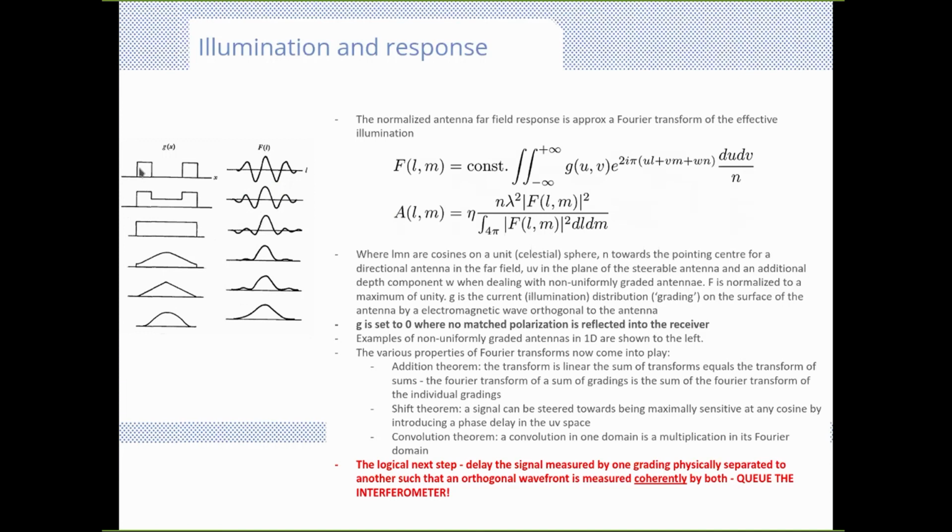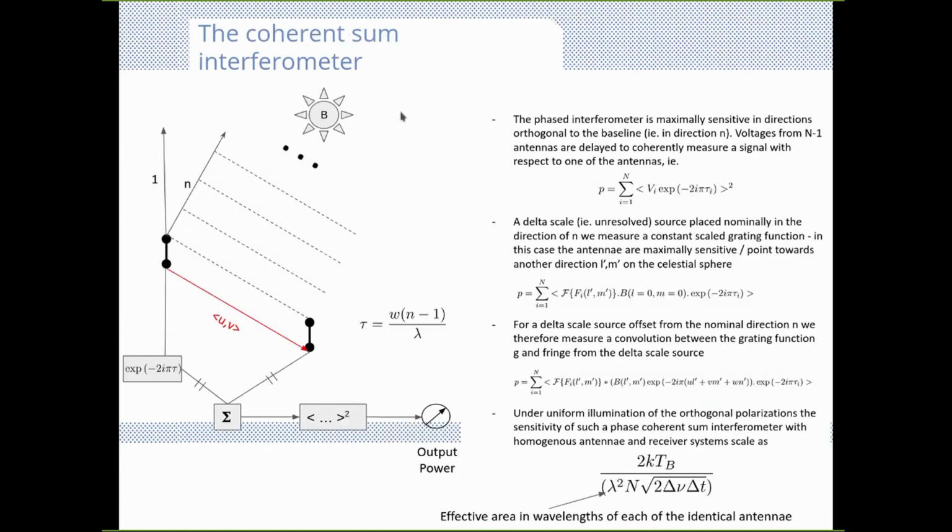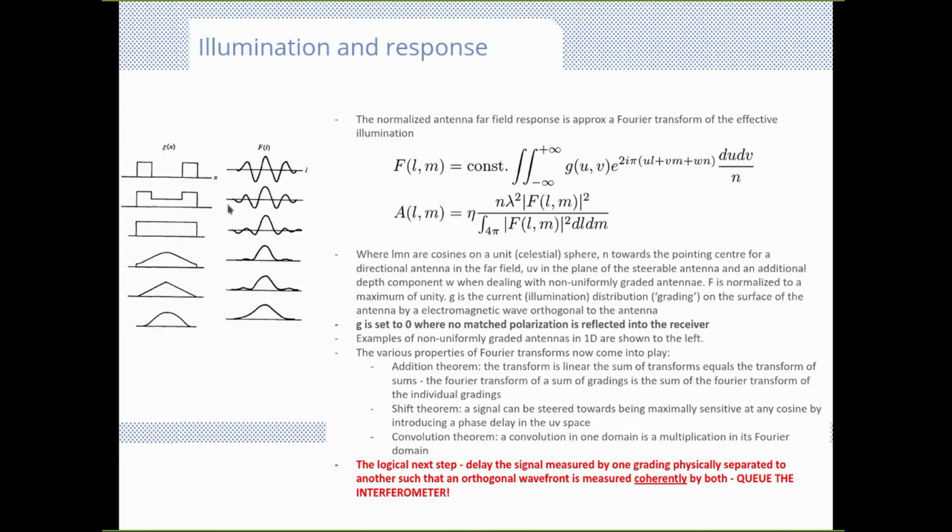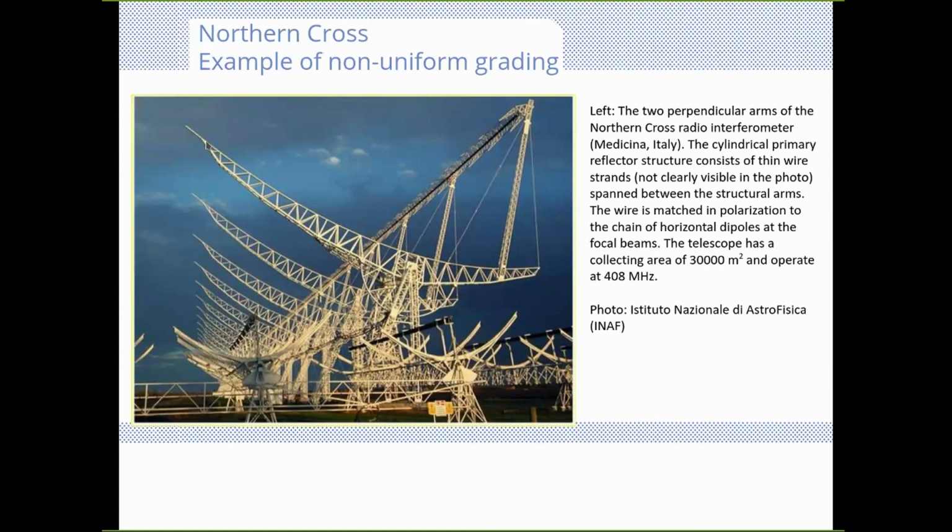So let's say you have a wire strand here, indicated by this box. There is no reflective aperture between that and the next strand. If I go back, this is a very great example of that. You have thin strands of wire spanning the aperture here. You can't see them quite in this picture.